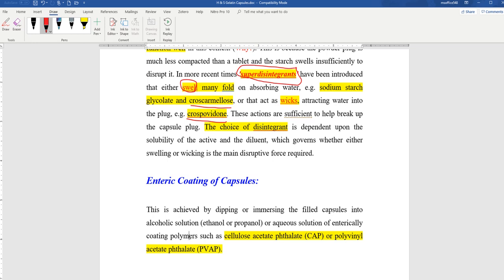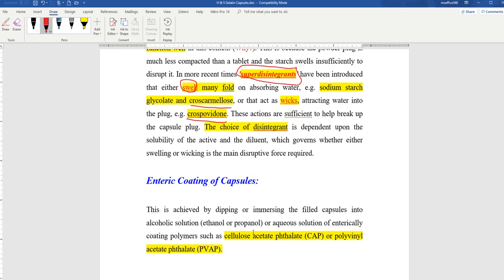Now these enteric polymers are dissolved in either aqueous or alcoholic solution, and then you dip the capsules inside them, then remove them. The liquid will evaporate, leaving a coating of the enteric coat around the capsule. What is the property of this enteric coat? The polymer I'm talking about here, which is CAP or PVAP, we have other polymers as well, is acidic in nature.